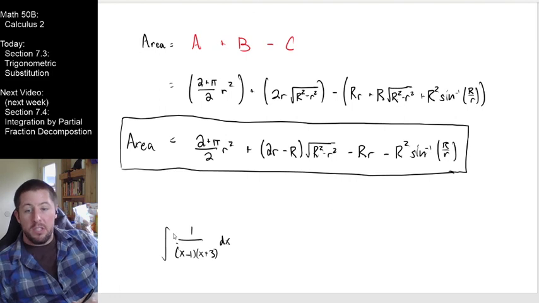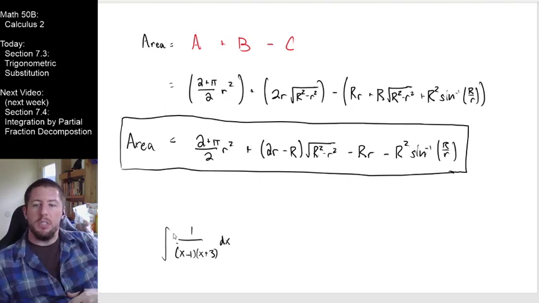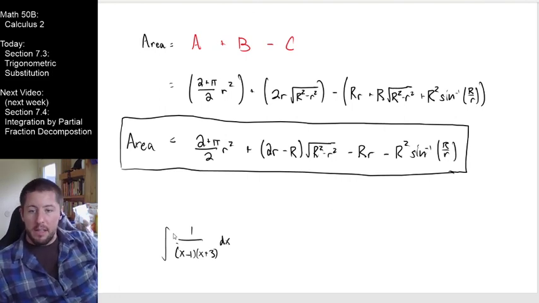And the answer is we want to rip that apart into two different integrals algebraically, some smart algebraic way, and then we could individually do the integral of 1 over x minus 1 easily, the integral of 1 over x plus 3 easily if they were separated. So our goal for next week in 7.4 is going to be to do the algebra to rip that up into two integrals so that we can continue on with our integration.